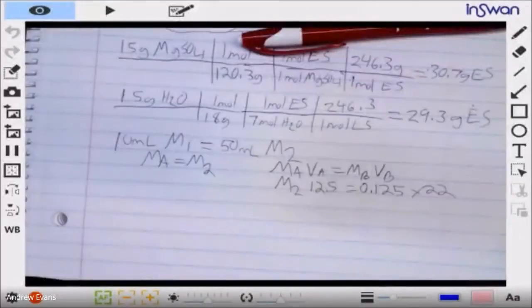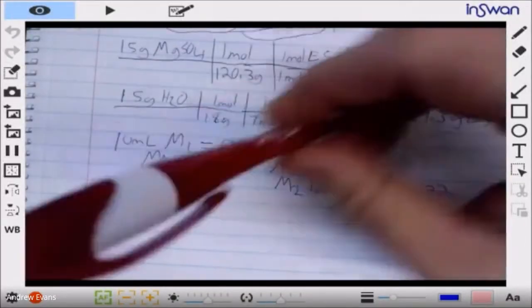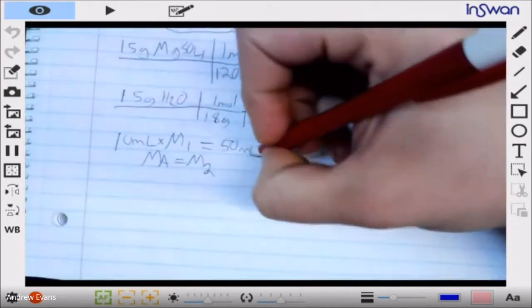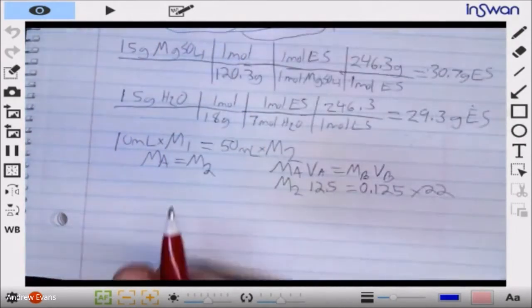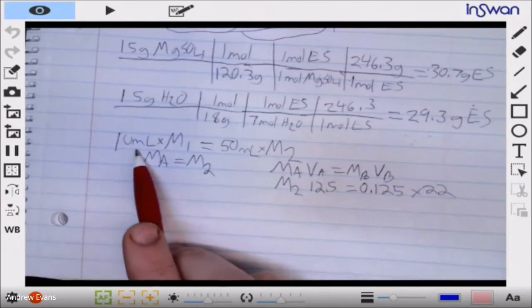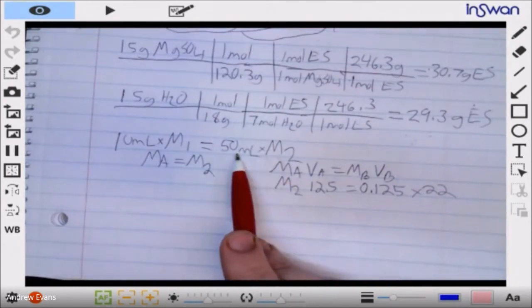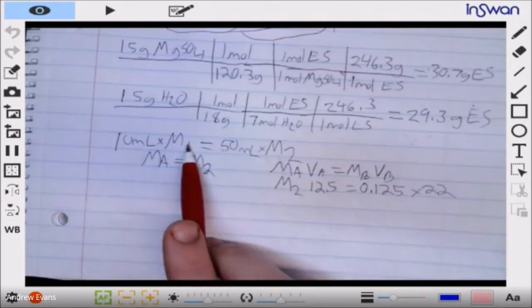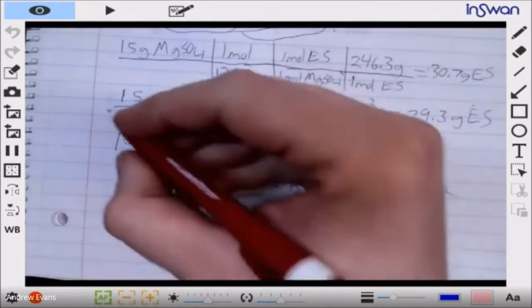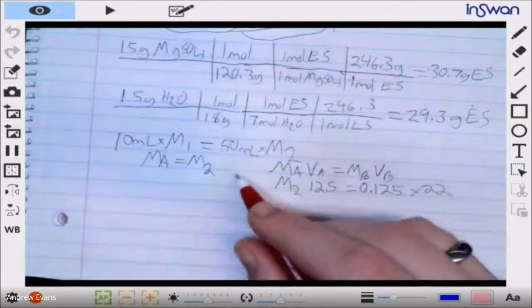So our two equations are essentially the same equation done twice, just with different numbers. The first equation is M1V1 equals M2V2. We took the original concentration, which is what we want to find, took 10 mils of it, and diluted to 50 mils.